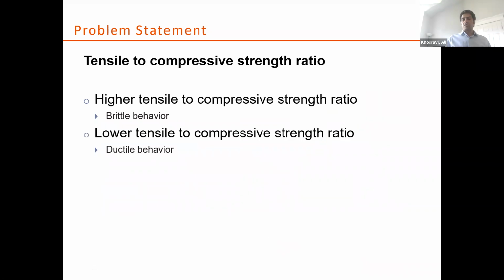And then in most of these tests, they usually miss the effect of tensile strength of the CIS on the response. Some studies say that tensile strength doesn't have an effect, but some studies show that tensile strength is going to change the response and behavior of the CIS. For higher tensile strengths, we're going to have behavior more toward the brittle type, and for lower tensile strengths, behavior more like a ductile type.